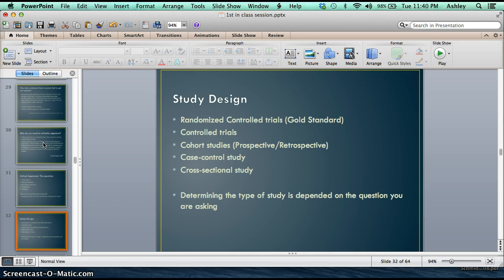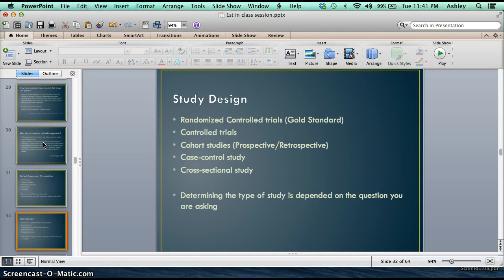They are not as reliable as randomized controlled trials, or RCTs, and that's essentially because the two groups can differ in ways other than the variable under study. Okay, and then there are two ways to do that. You can prospectively look at data, or you can retrospectively. So prospectively, you're following them as they come, or retrospectively, you're looking at past data that has been collected.